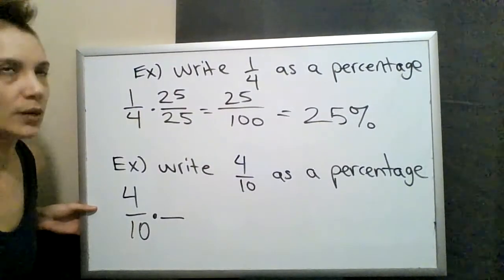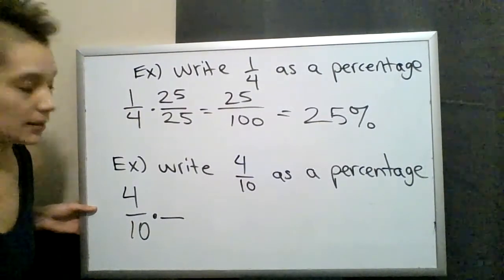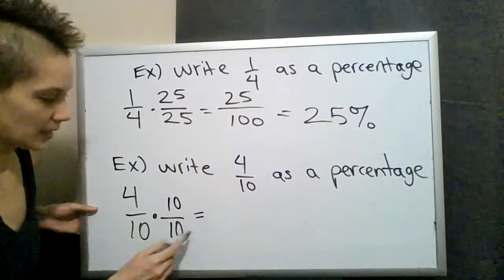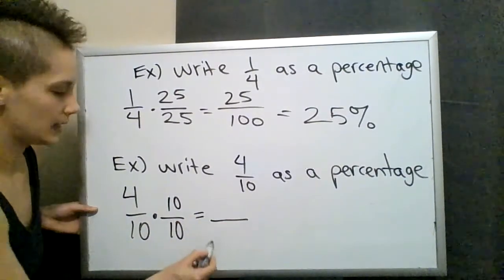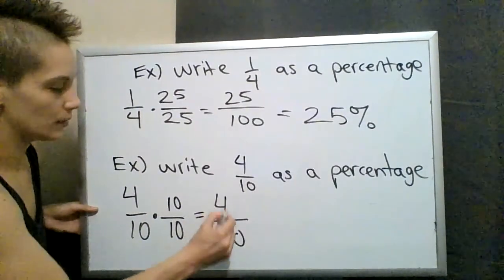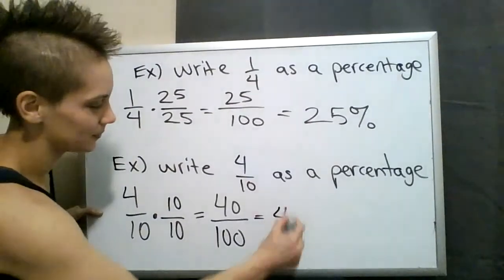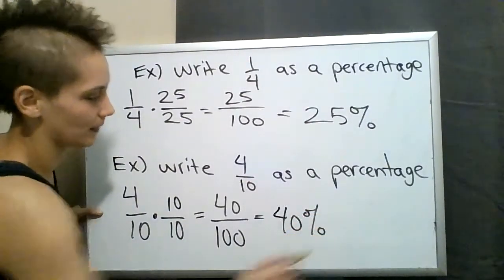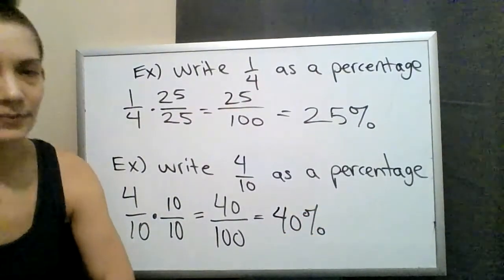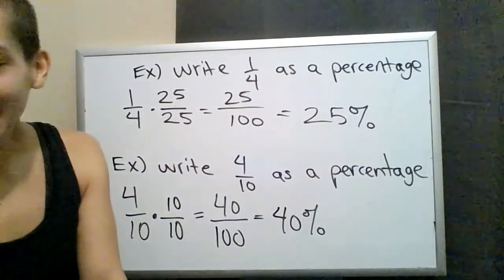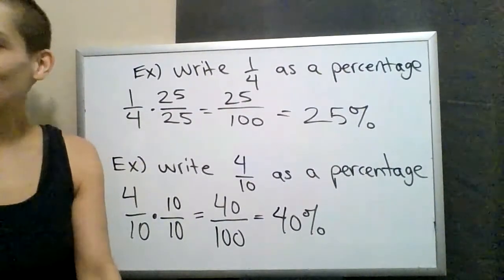Multiply by 1, where 1 is going to be 10 over 10. 10 is that 100 I was looking for. And 40 over 100 is 40%. I think that's enough with percents.